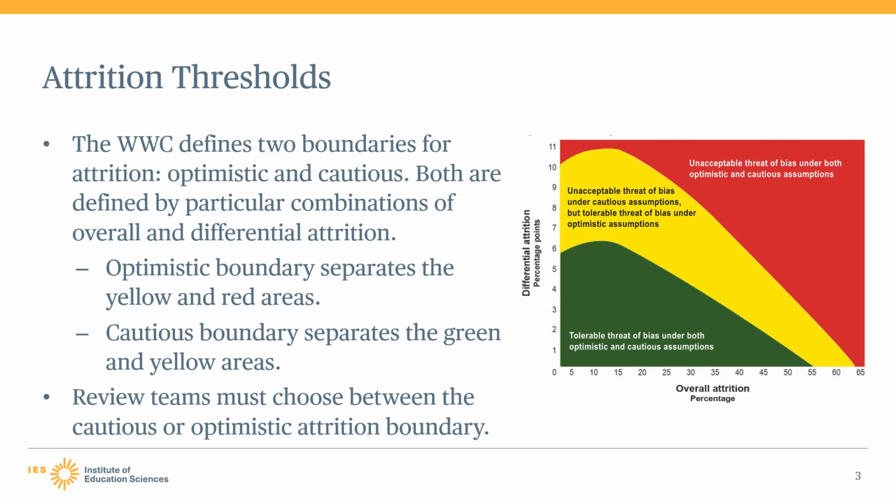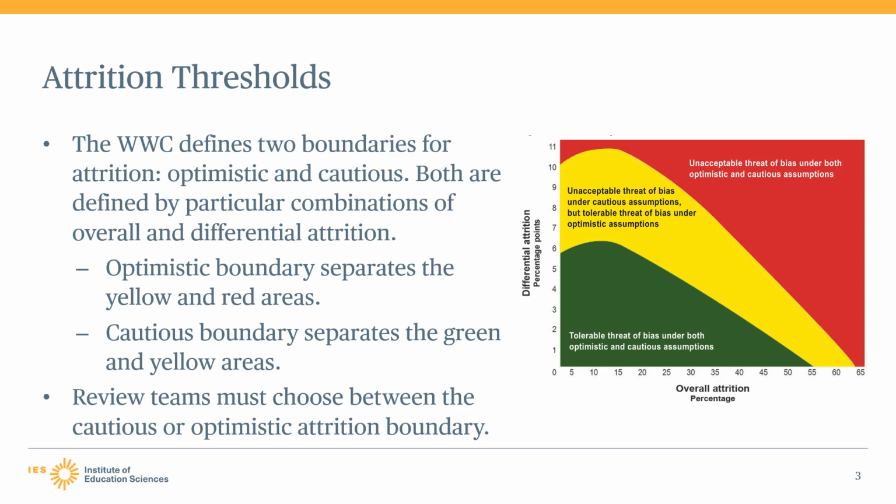As described in greater detail in the group design training series, the WWC attrition standard is based on a model of attrition bias. That attrition model drew on data from several large education studies and considers different combinations of overall and differential attrition, estimating how much bias is expected for each combination.